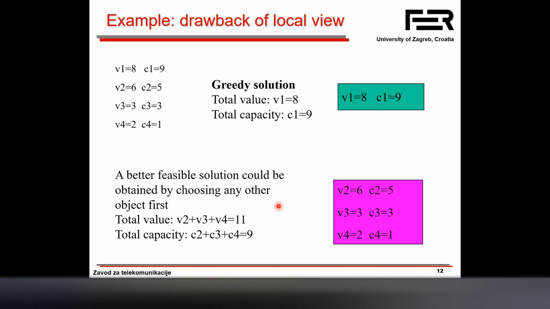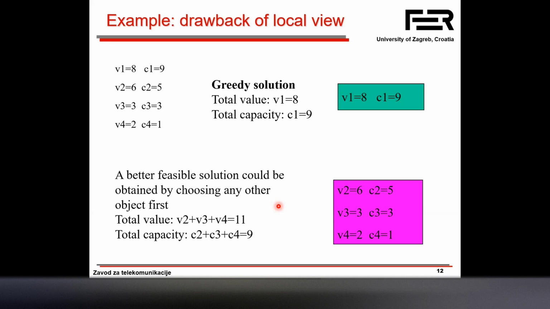One option when looking at the knapsack problem would be that instead of just looking at adding the element which has the highest value, we could choose, for example, the object that minimizes the ratio ci over vi. We look at which object has a minimum value of that ratio and then add that object to the knapsack first.